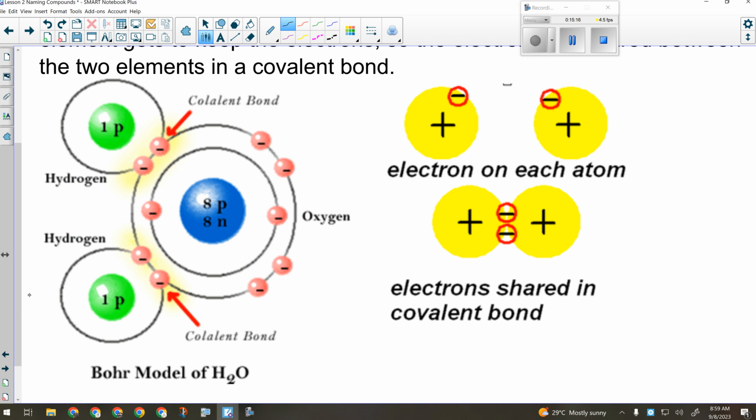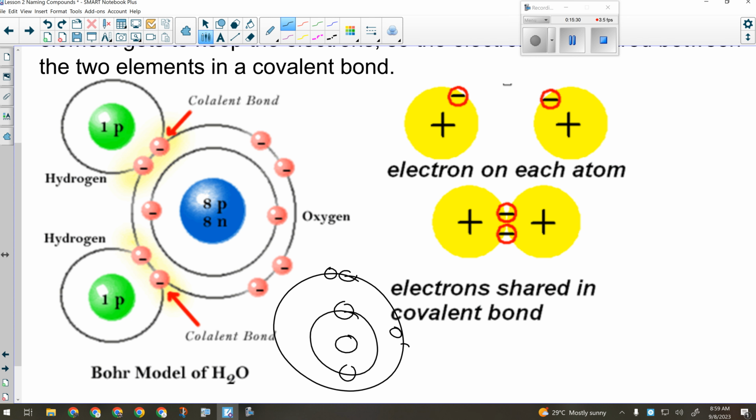So what we end up having then is electrons that are shared, right? In a water molecule, for example, okay? You got the two hydrogens and you got the oxygen atom. So oxygen normally, okay, has its inner shell that has 2 electrons, and then it's got its outer shell that has 6. Okay? These 2 electrons that are alone are where the hydrogen atoms are going to bond. Okay?